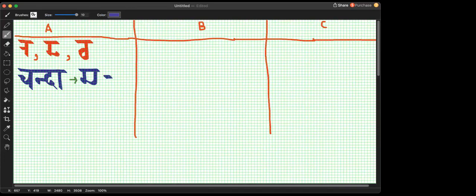So first I'll write na, and what happens to the da, it will blend within this line here and then take up the form at the bottom. And na will have only one Shiroreka here. So if you observe the Shiroreka which the da had to have, it is using the same as that of na.